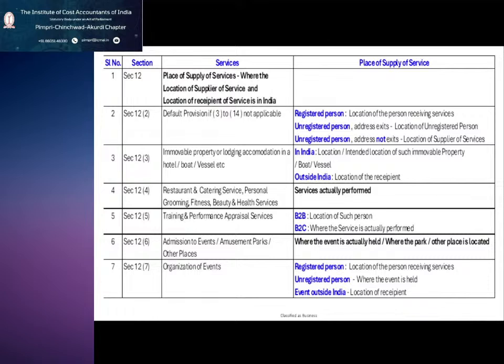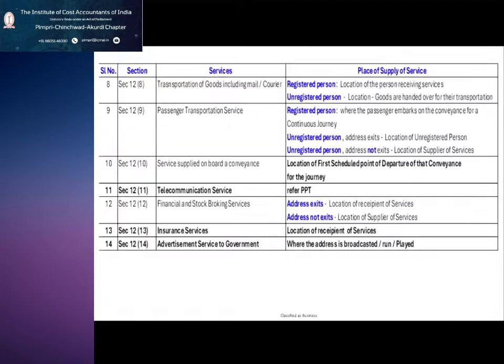If he is a registered person, then the place of supply is the location of the person receiving services. If he is an unregistered person and the address exists, then it is the location of the unregistered person. And if he is an unregistered person and the address is not available, then it is the location of the supplier of services. In the same way you can see it for all the subsections.